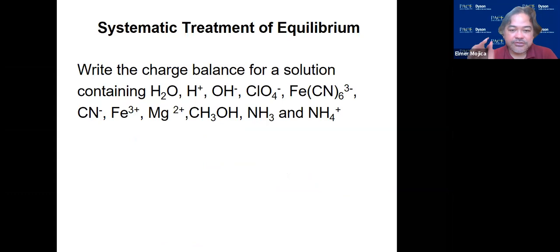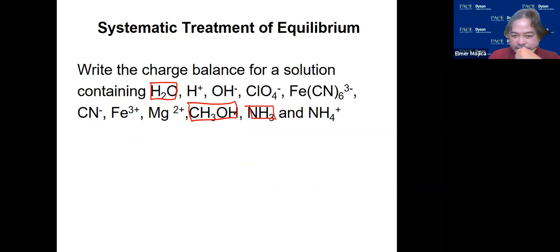So let's try to work with this one. Write the charge balance for a solution containing all these species. How are we going to write it? What do we do with this and this?